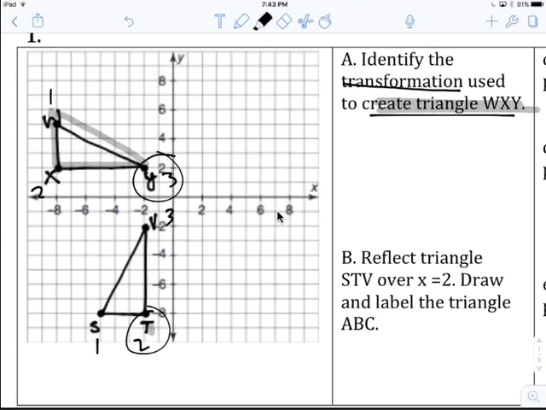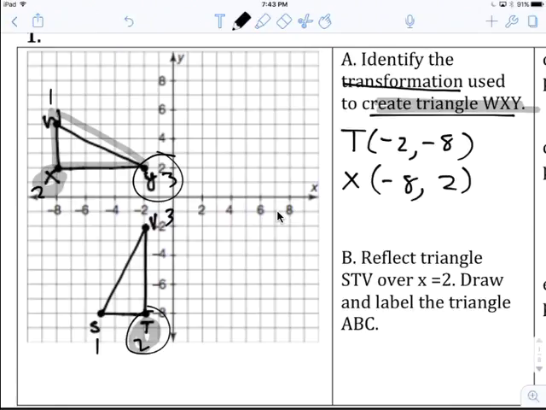So let me do T and X. Okay, T is -2, -8. Or let's do this right here, because on your test I'm going to expect it here. T is -2, -8. And X is -8, 2. Oh, the numbers switch. So it's 90 degrees, right? Clockwise. So it's going like a clock, 0, 90.